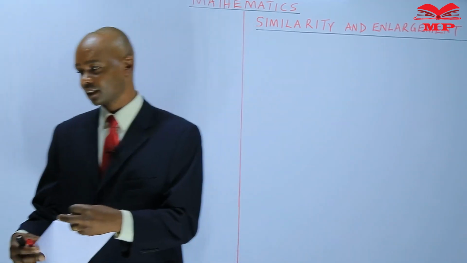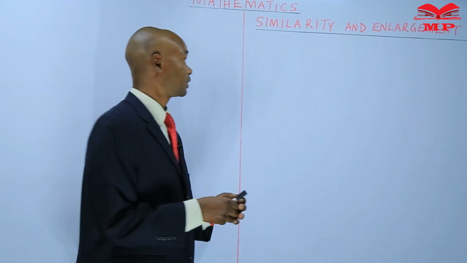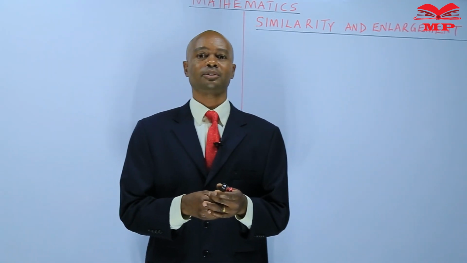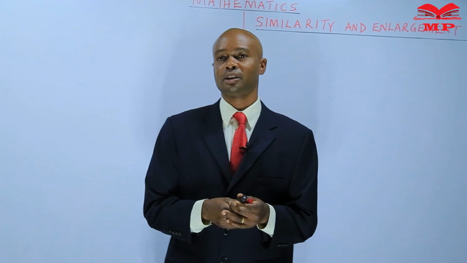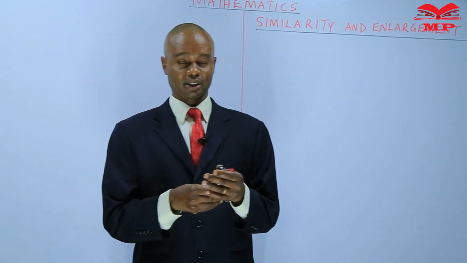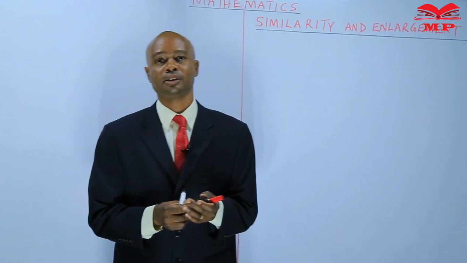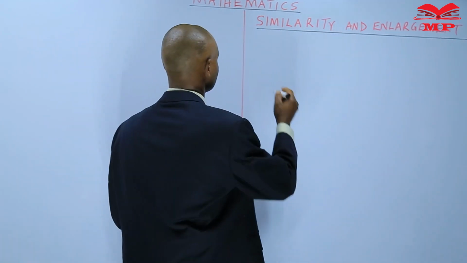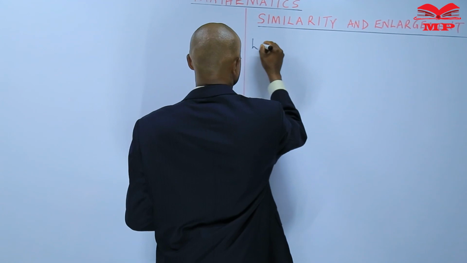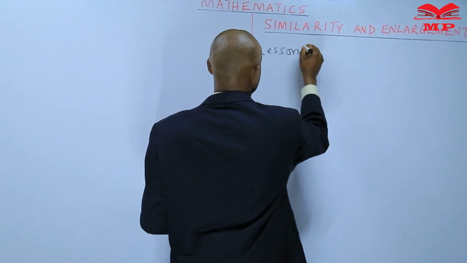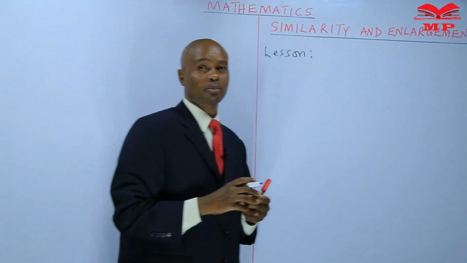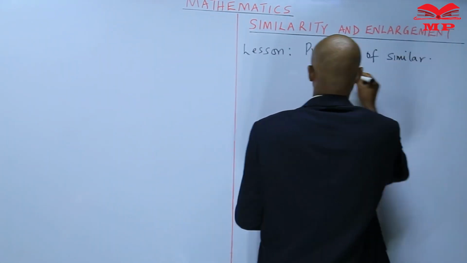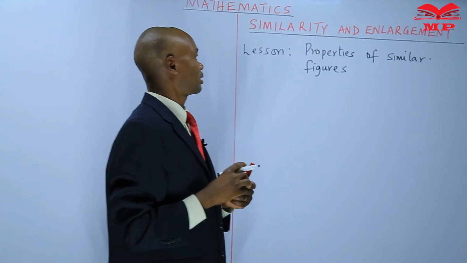But in our first lesson, we shall deal with some figures like the squares, circles, and regular polygons. So in the lesson, we shall look at the properties of similar figures.